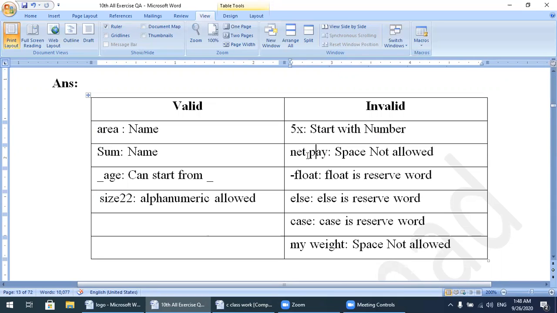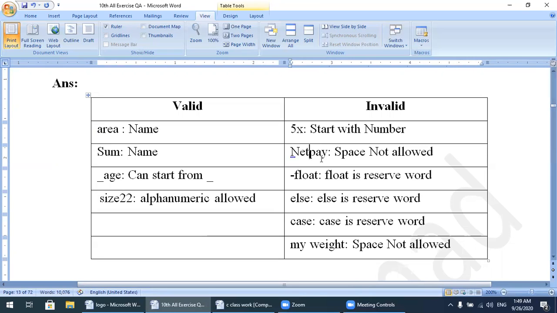That's why this one is incorrect. We cannot use a space in any kind of variable name. If I want to use net pay, I will use an underscore: net_pay. Now this one is a correct variable name.